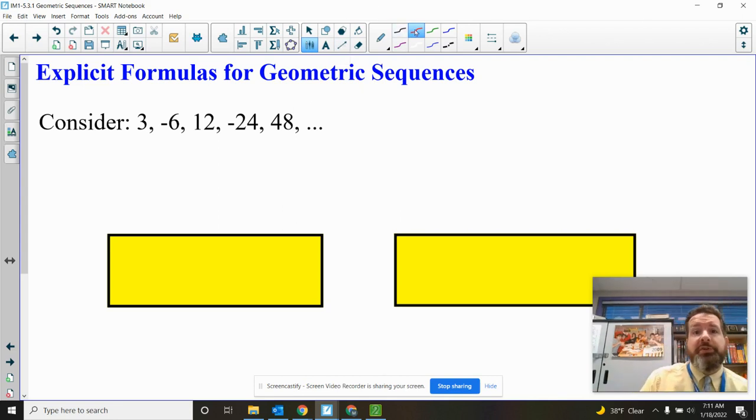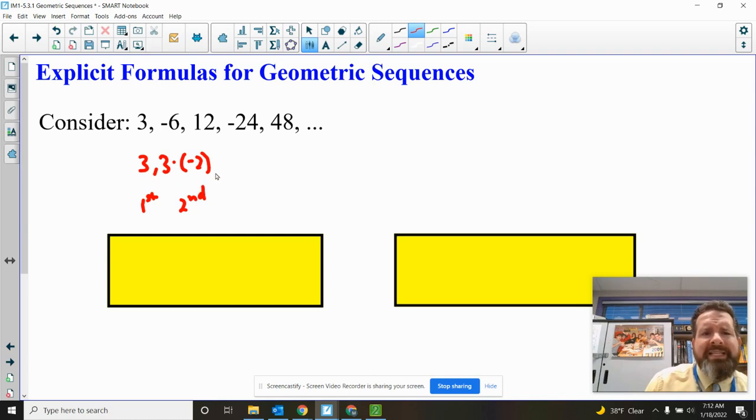So the first term is really just 3. So this was my first term. For the second term, to get from a 3 to a -6, we multiplied by a -2. So the second term was 3 times a -2. Now, from here on out, to get to the next term, we just keep multiplying by that same common ratio, by that -2.